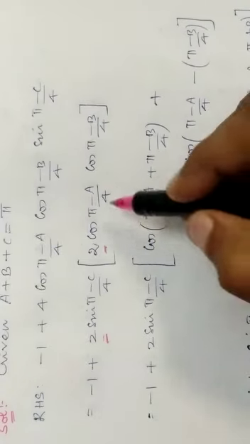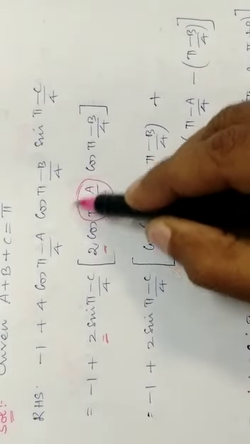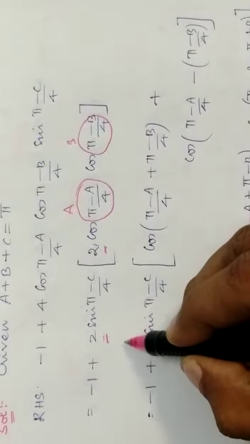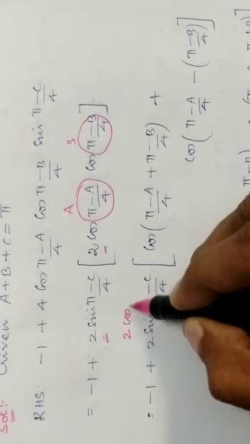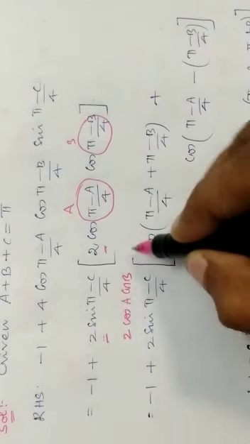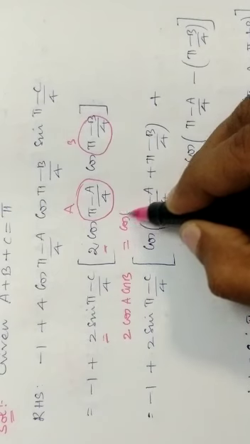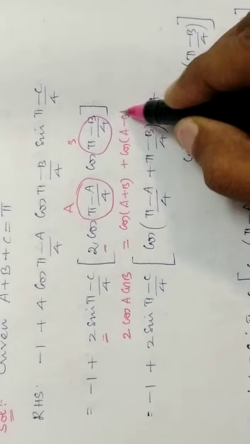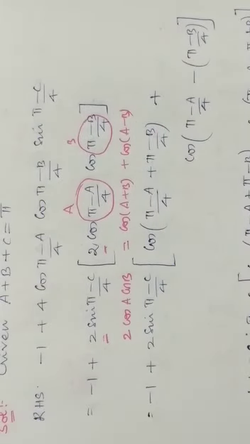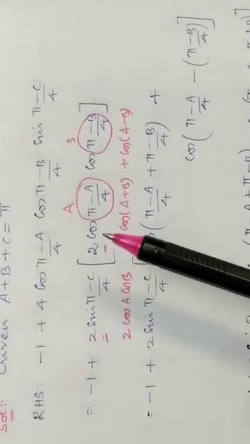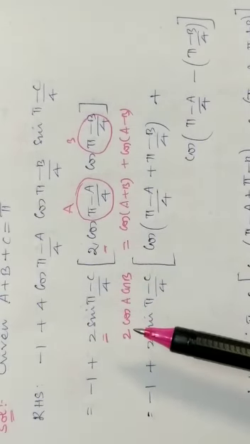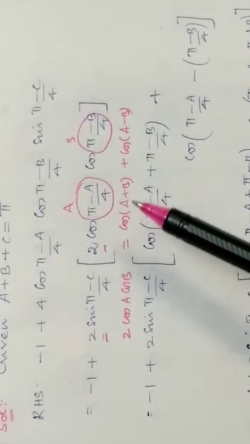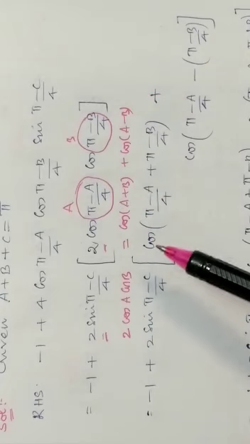Treat this as A and this as B, then we can see the formula 2 cos A cos B. What is the formula of 2 cos A cos B? cos(A+B) + cos(A−B). So the problem is observed in the form of 2 cos A cos B, and you have to write cos(A+B) + cos(A−B).